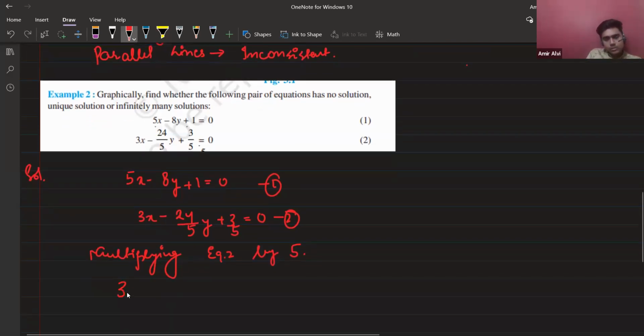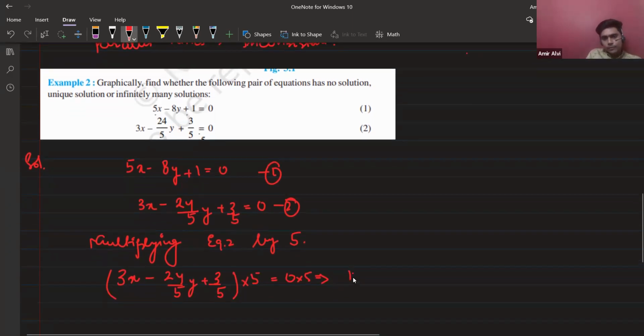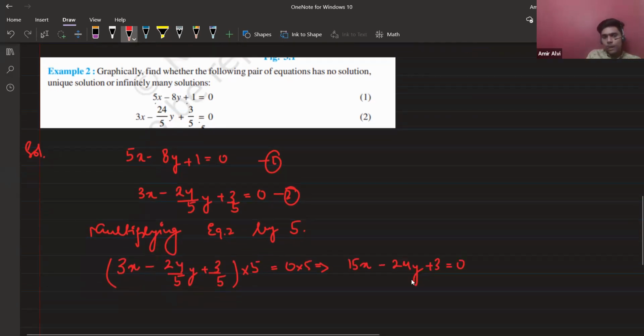So multiplying the second equation by 5: 3x minus 24 by 5 y plus 3 by 5 into 5 equals 0 into 5. Which is basically 15x minus 24y plus 3 equals 0. Yes or no?